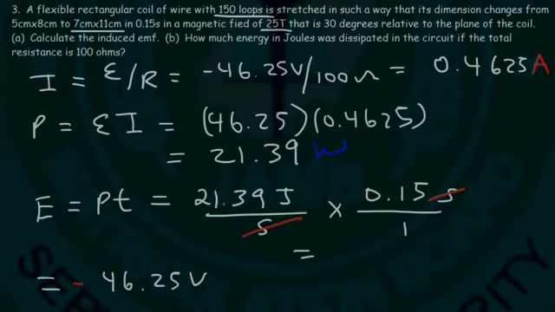So the final answer is 3.21 joules. So that's how much energy is dissipated in a circuit. The circuit consumed 3.21 joules within the 0.15 seconds in which the area was changing.